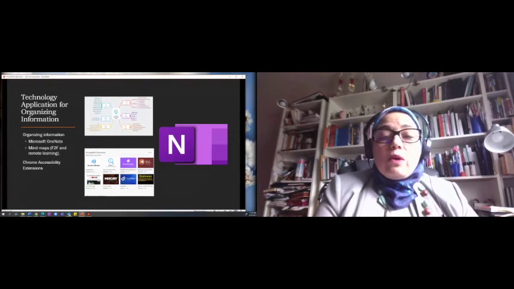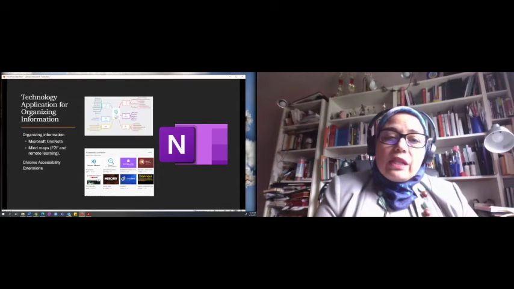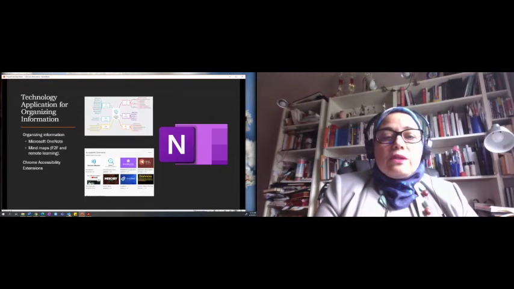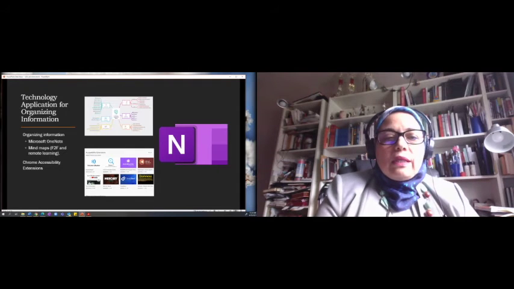It allows for multi-user collaboration, and it gathers users' notes, drawings, screen clippings, and they can even add recorded comments. Notes can be shared with other OneNote users over the internet. It is part of the Microsoft Office suite.